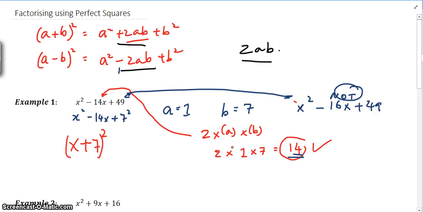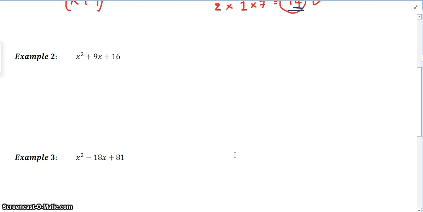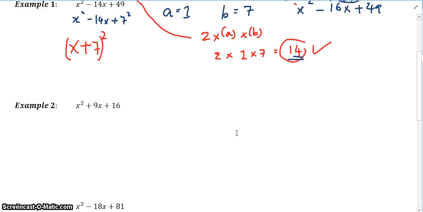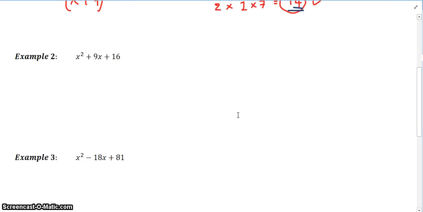Let's look at the next example. What we have is x squared plus 9x plus 16. Let's rewrite this as x squared plus 9x plus 4 squared. The condition we had to satisfy first was the 2ab condition.